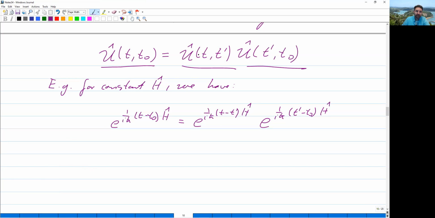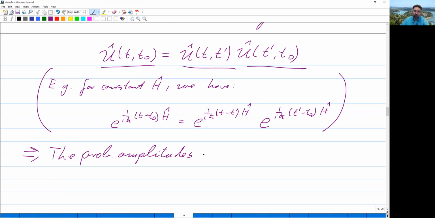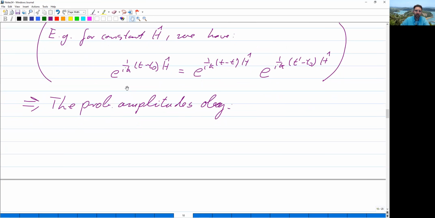Okay, so since this is true, as it was just a comment, we can conclude that the probability amplitudes, that is to say, the Green's functions, obey the following rule. See, the Green's function is ⟨xd| û(t, t naught) |xe⟩, right?